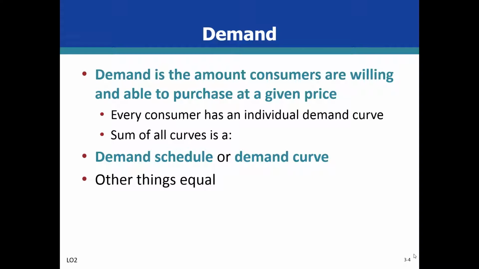Demand is the amount consumers are willing and able to purchase at a given price. Every consumer has an individual demand curve, depending upon a whole bunch of things: income, desires, etc. But the sum of each consumer's demand is a schedule or demand curve for a particular product or service.